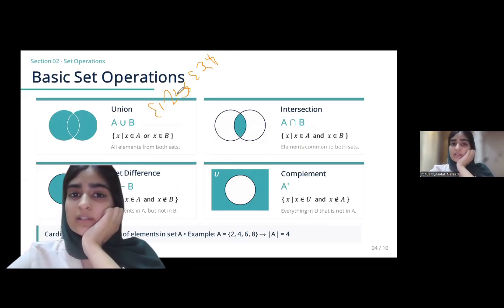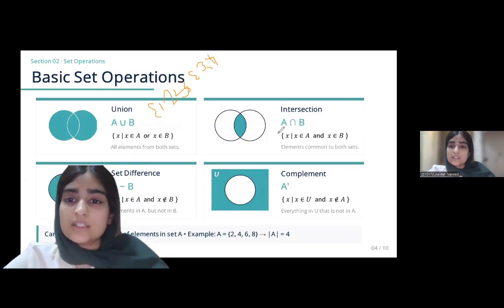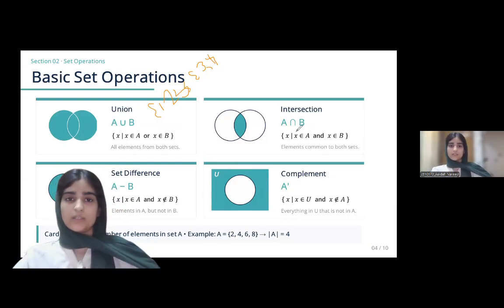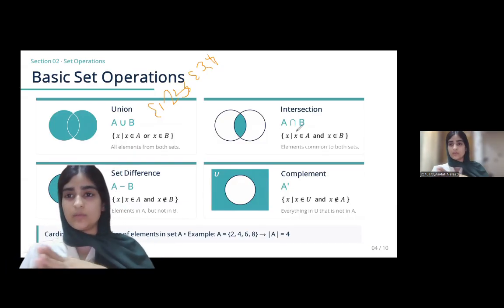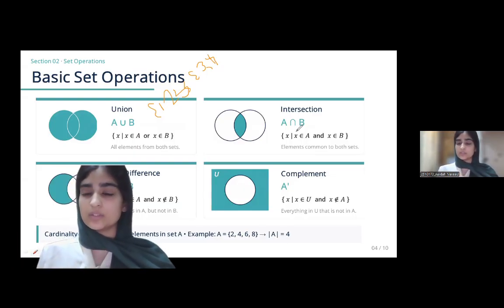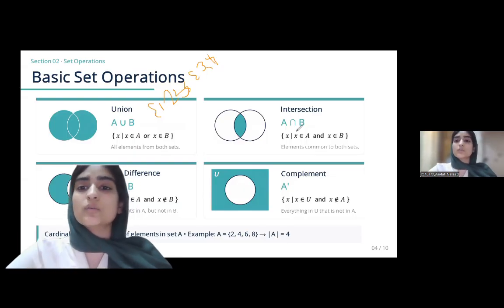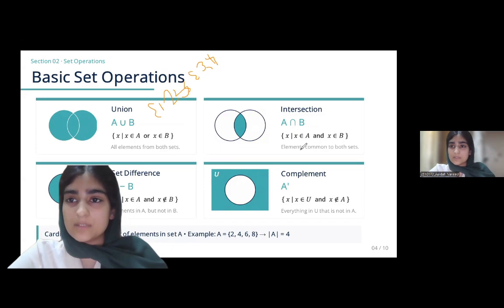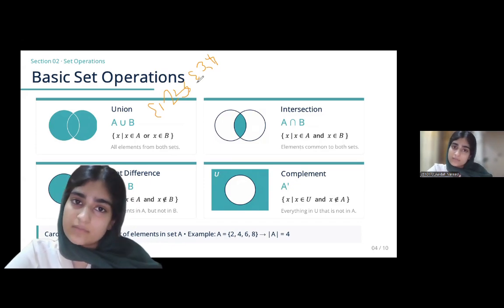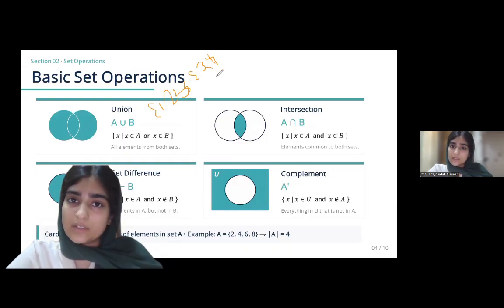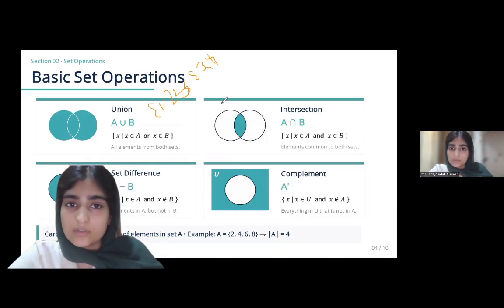It is not going to write 3 twice. Okay. The intersection is where we only get the elements which are in both A and B. So it will give us the common elements between both the sets. For these examples, A is 1, 2, and 3 and B is 3 and 4, the intersection is only going to be 3.